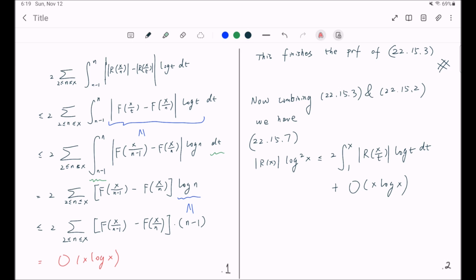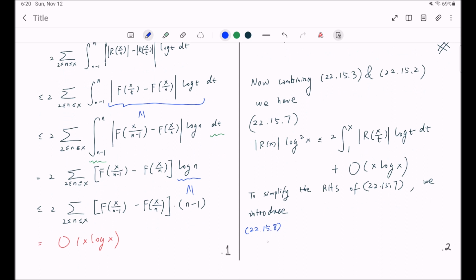Our next job is to simplify the right-hand side by introducing a new function. This function will be denoted by v. This v will be the same v as in our plan of the proof of the prime number theorem, introduced at the beginning.